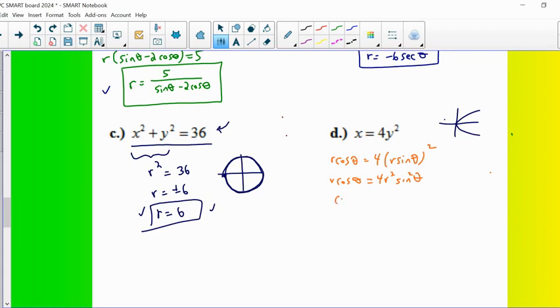So then that becomes cosine of theta is equal to 4r sine squared theta. And let's get r by itself. So we'll divide the 4 sine squared across. So cosine of theta divided by 4 sine squared of theta is equal to r. And there is a polar function that was not a function in the rectangular system.